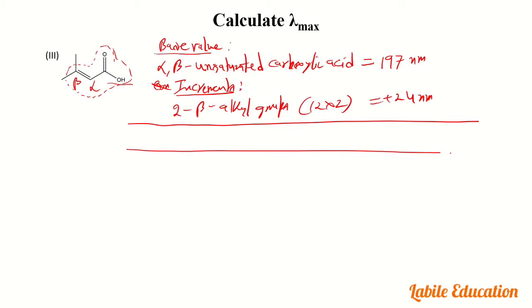So now we can sum them up. So the calculated lambda max in ethanol will be 197 plus 24, total 221 nanometer.